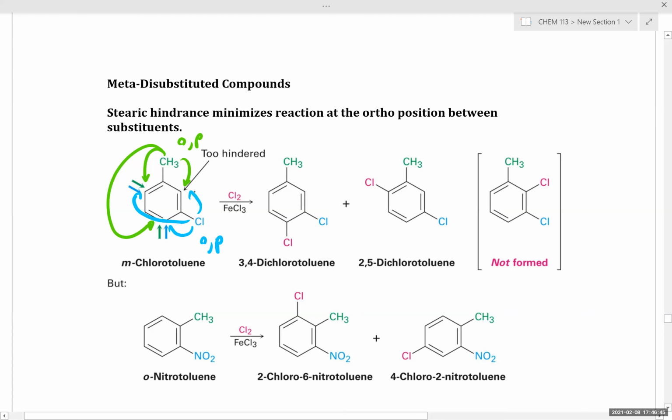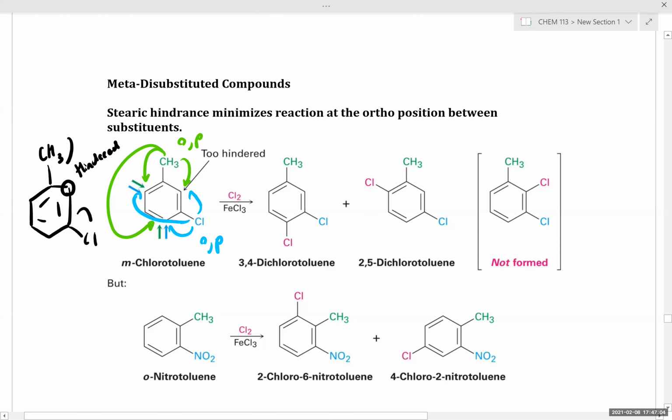Now, one thing that's universal for these meta-disubstituted compounds is that the position in between both of your substituents, this position here, is highly hindered. This is very hindered.